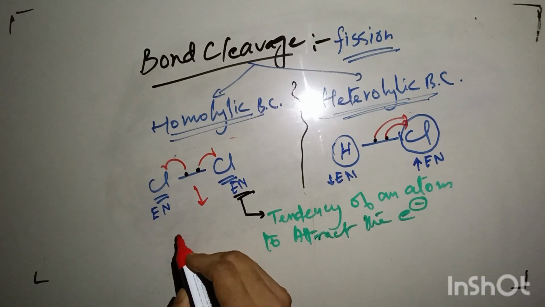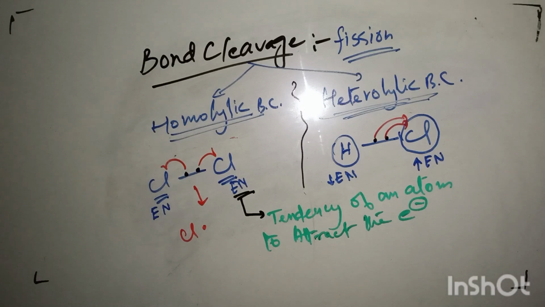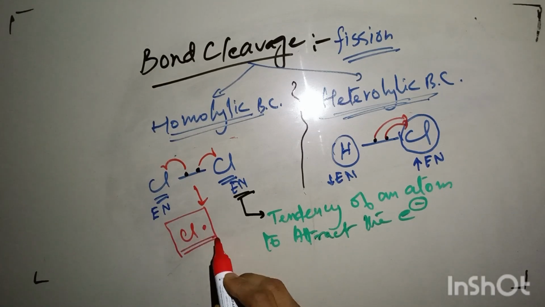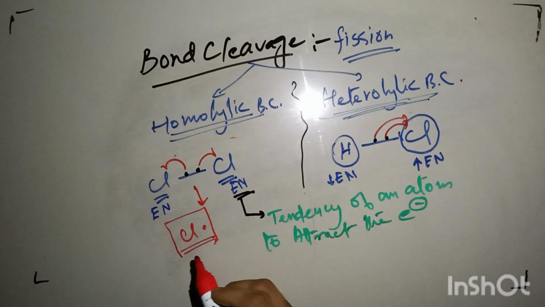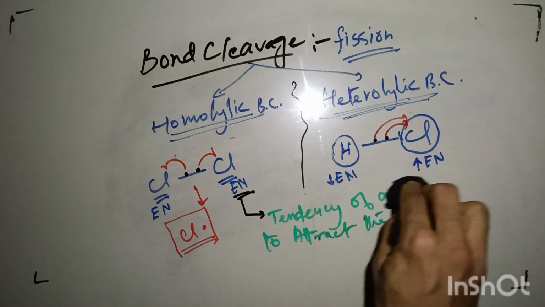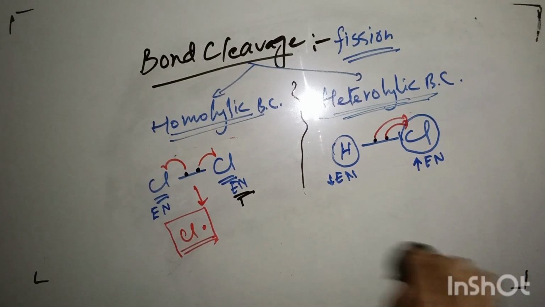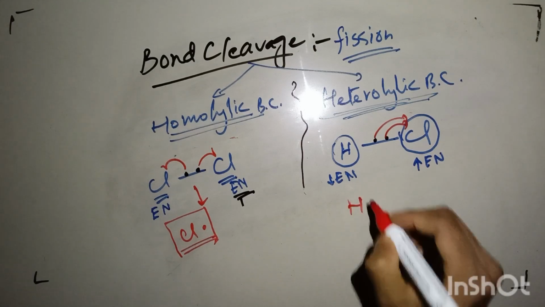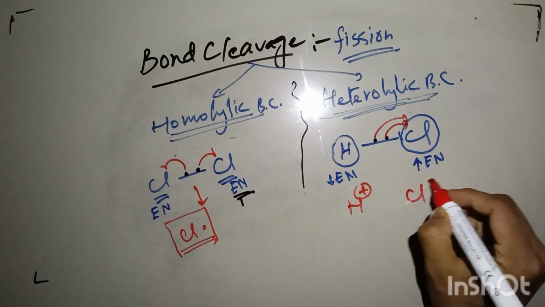So what will form here? A radical will form. What is it called? Chlorine radical. Any atom having one unpaired electron is called a radical. So chlorine radical will form here, but in the other case, one electrophile and one nucleophile will form. Here H plus will form and Cl minus will form.